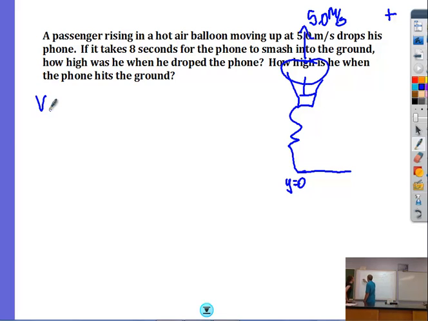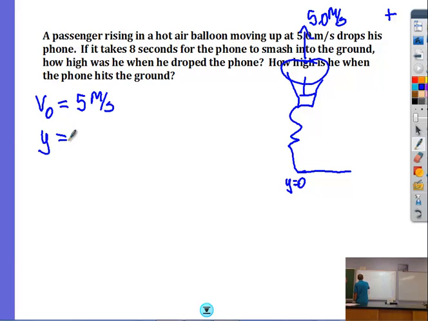All right. So my initial velocity, because the person is moving up when he drops the phone, the phone is also moving up. So my initial velocity is 5 meters per second, and it's positive. And it's not just 0 because he's not dropping it from rest. Since he's in motion, the phone is going up with him. So initial velocity is his velocity, 5 meters per second. It is up.